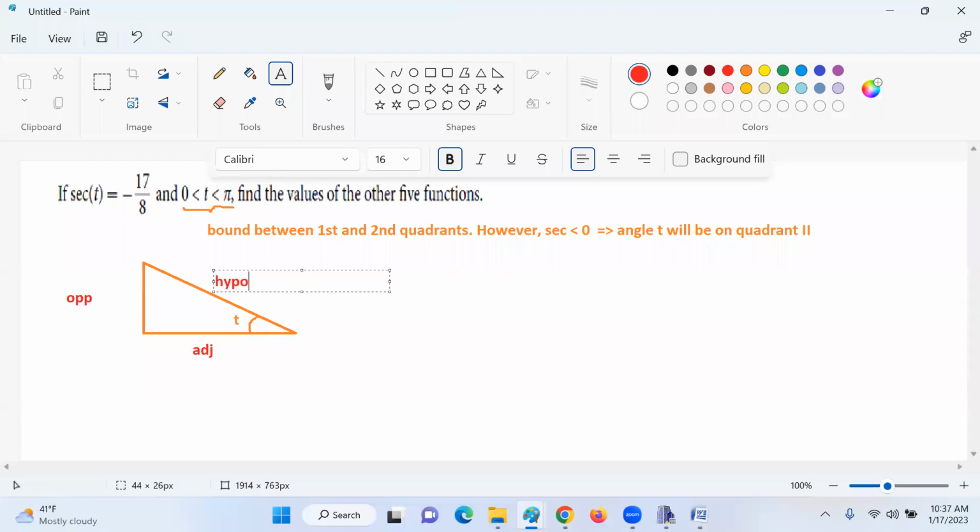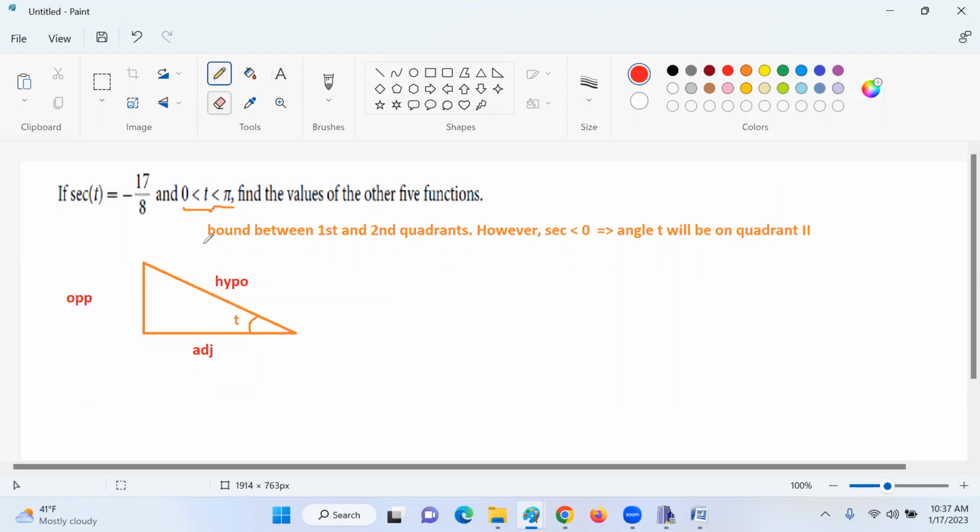I usually use this angle as t instead of that one because otherwise I have to switch the positions of the opposite and adjacent. So just follow this method, and it should be good. The hypotenuse is always the side opposite the 90-degree angle.